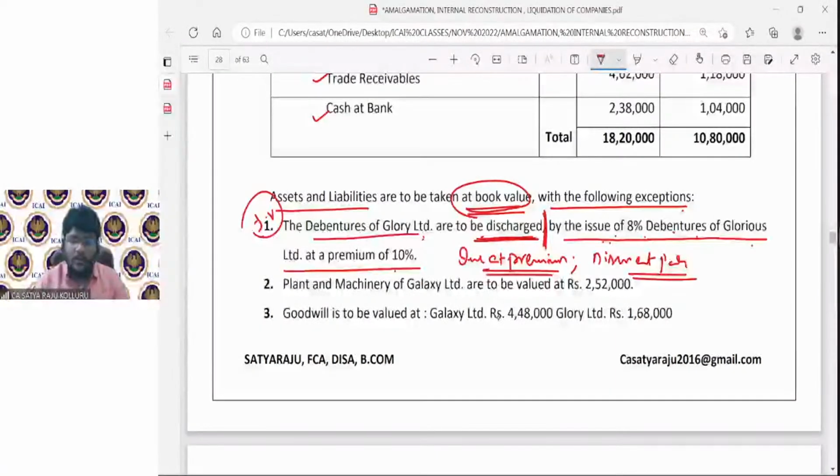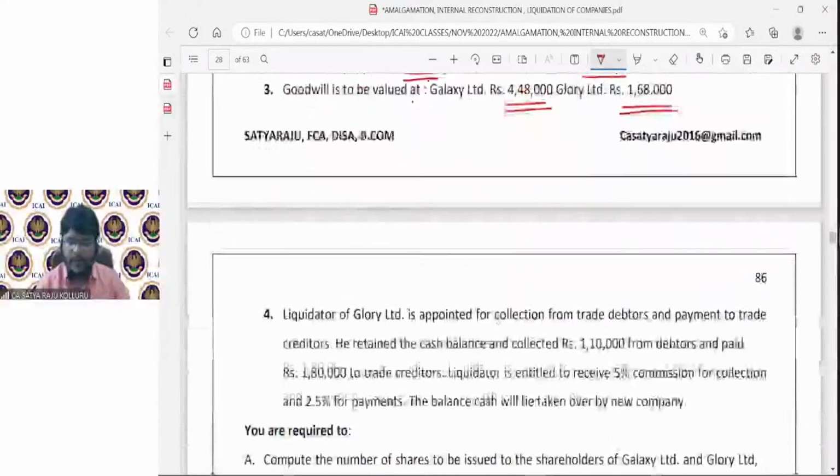Fine. Plant and machinery of Galaxy Limited are to be valued at rupees 2,52,000. Okay. Goodwill is to be valued at Galaxy Limited 4,48,000 and Glory Limited 1,68,000. Okay, fine.